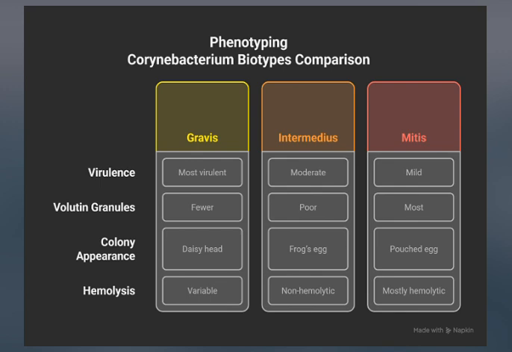Intermedius shows moderate virulence with poor granule presence and frogs' egg-like colonies. Mitis is the mildest, with the most granules and poached egg-shaped colonies. Their hemolytic activity also varies, affecting how they interact with blood cells. These distinctions help us predict how dangerous a particular strain might be.